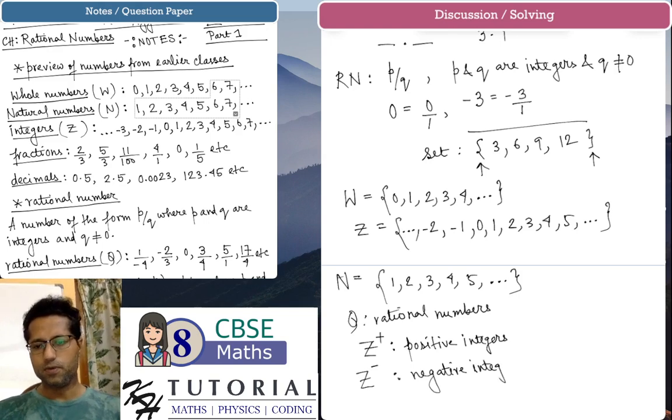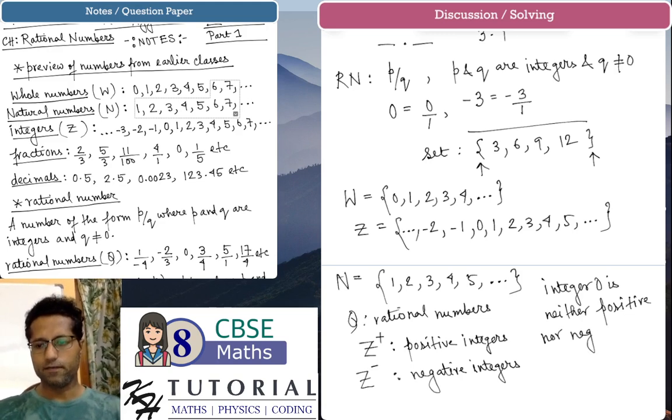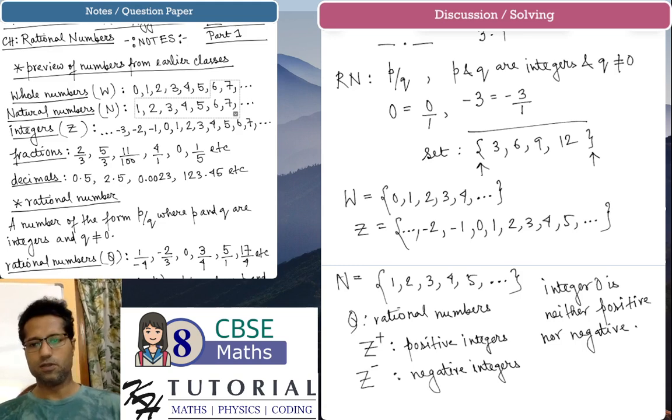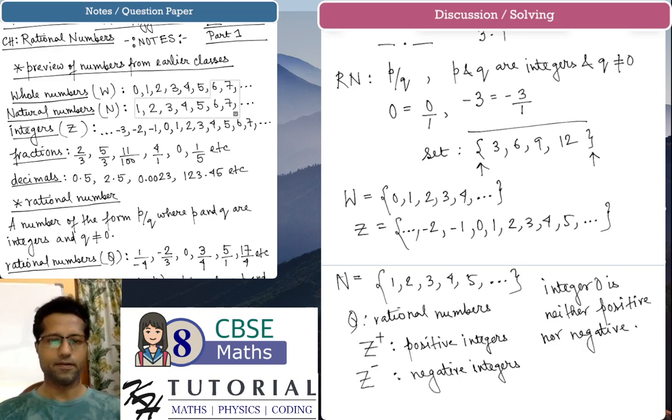I hope you are aware of the fact that the integer 0 is neither positive nor negative. It is not a negative number, it is not a positive number. You must be aware of this. 0 is neither positive nor negative.